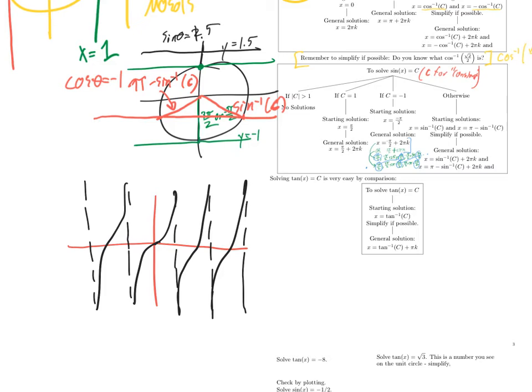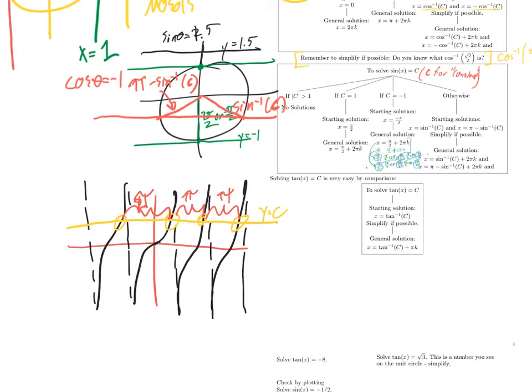So if you want to solve tangent equal to any constant, well, let's draw that line at y equals c. It looks like no matter what c is, I will see infinitely many solutions. And these solutions will be very nice in that, what's the period of tangent? It's pi. So these solutions will all be separated by exactly pi. So if I can write down one of the solutions, then I can get all of them by adding pi k's.